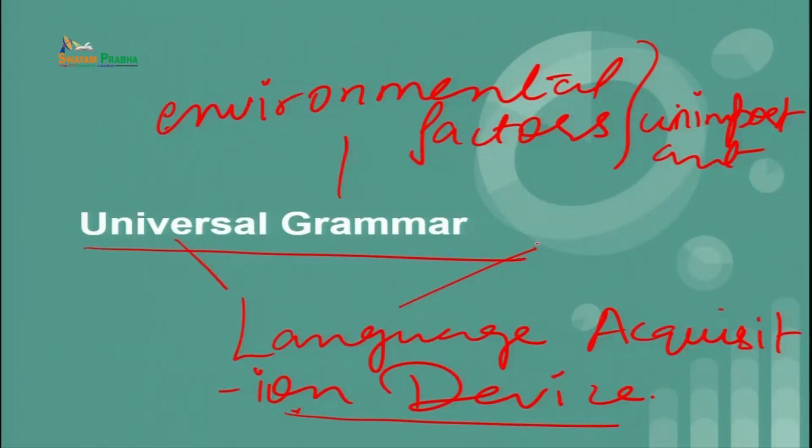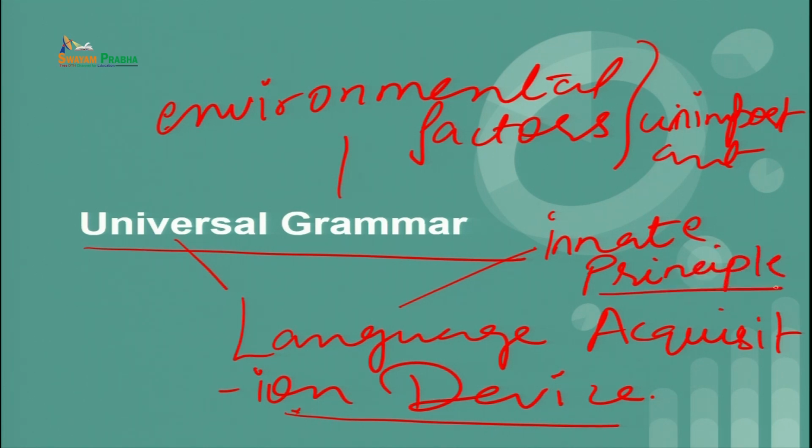Rather, it is all about the language acquisition device which is already present in our brain, and therefore you can say that there are innate principles that guide the child to use a language in an order, right.